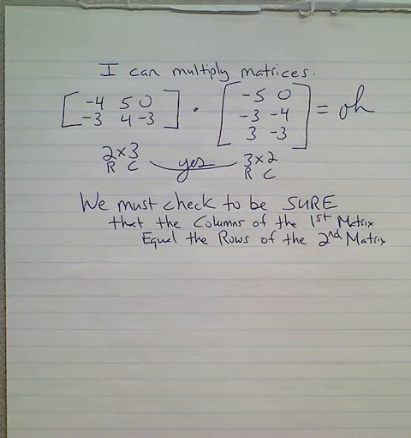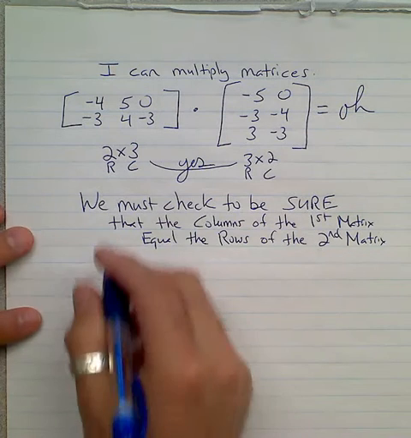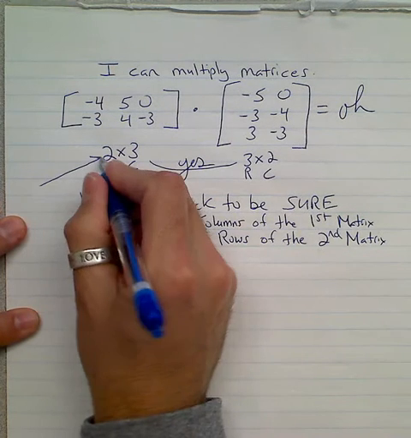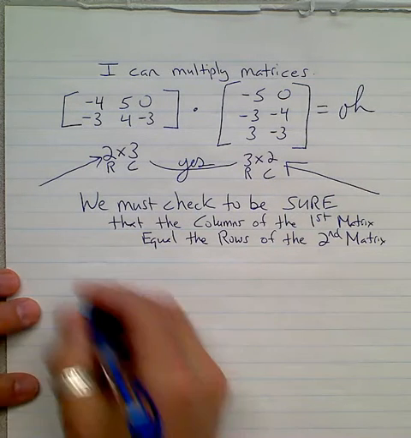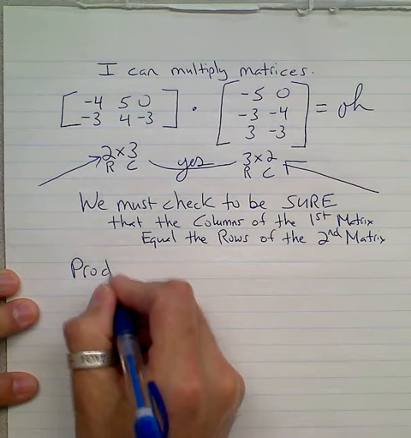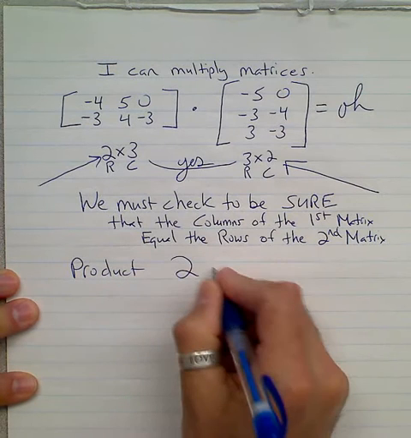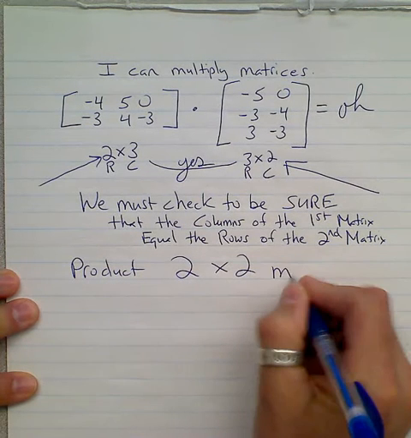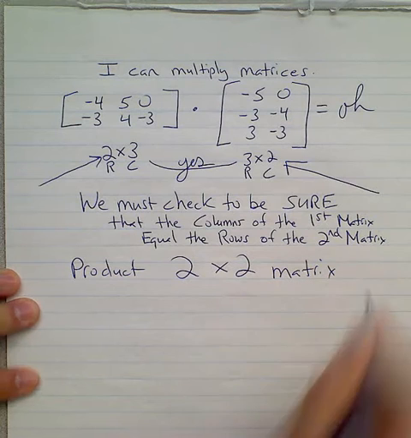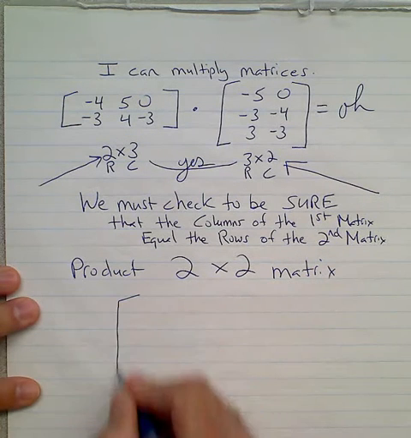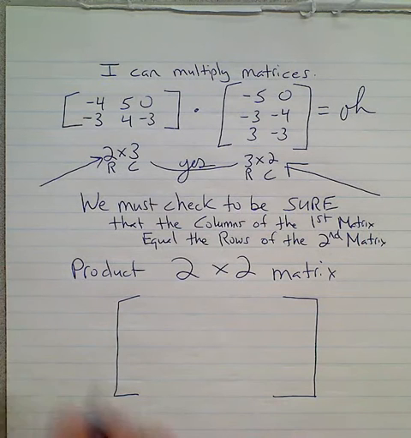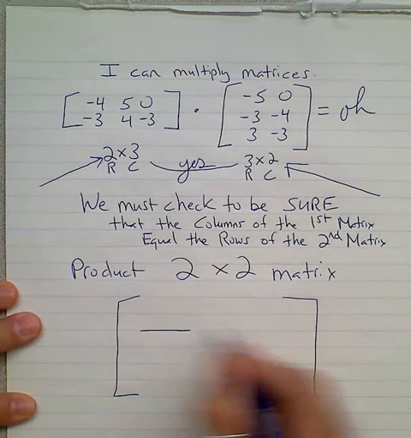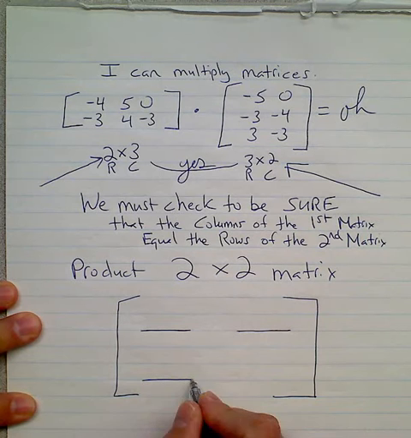What's really neat is that the rows and columns of the two matrices will tell us the product. Our product is going to be a 2 by 2 matrix. And it's important to be thinking about this because in your 2 by 2 matrix, you're going to have 4 elements.